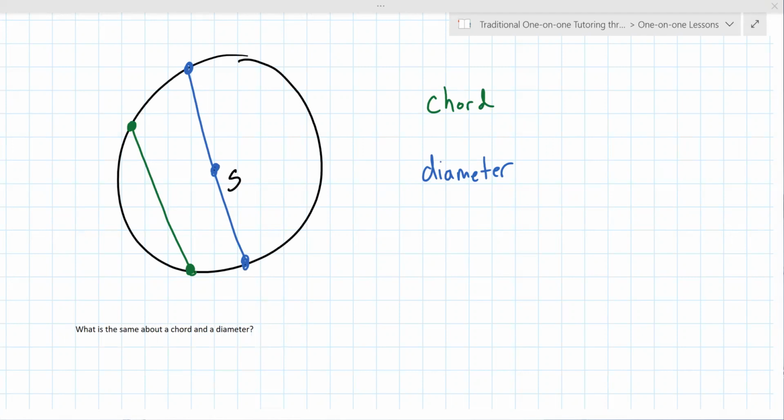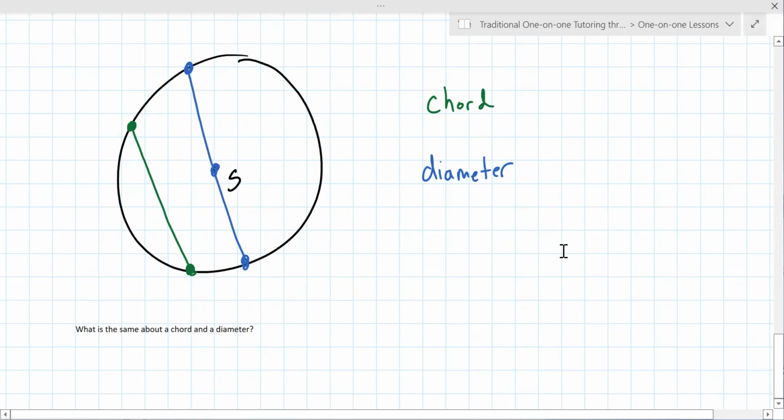Well, for the chord right there, the chord does not go through the center. It does not even go through the center, because there's no center for the chord. It's only for the diameter. That's right.